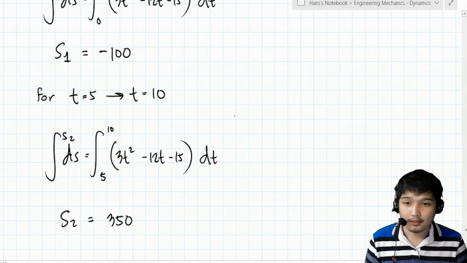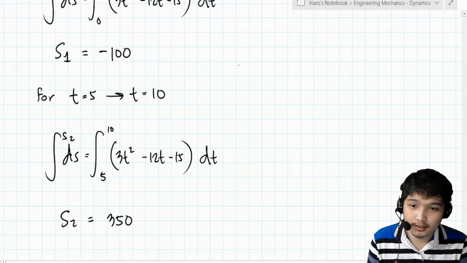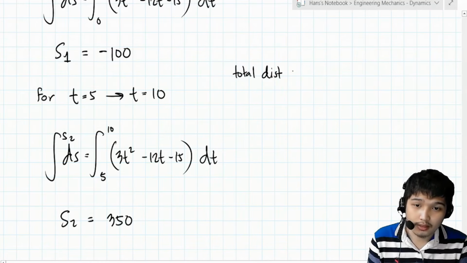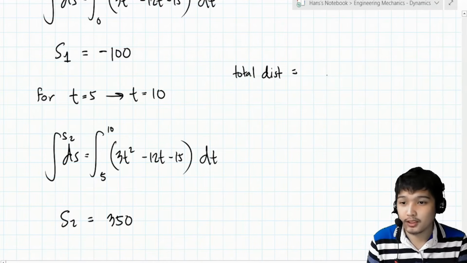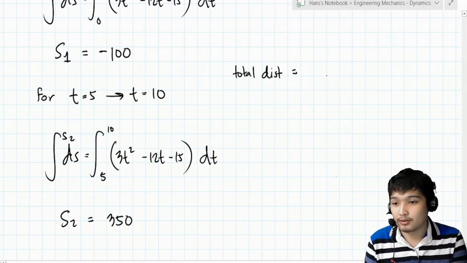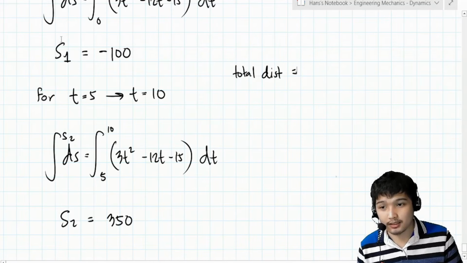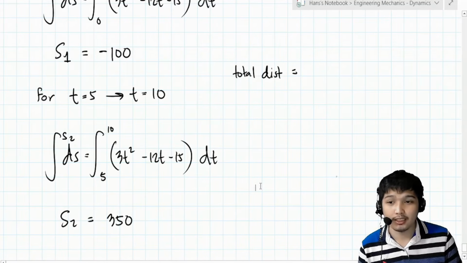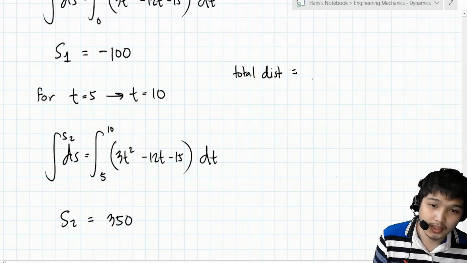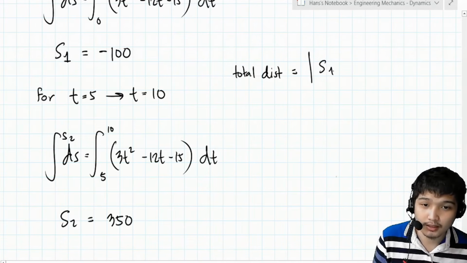Okay? So para makuha yung total distance, okay, so that is just simply the sum, no? Nung yung pinaghiwalay nating distances na to, no? Pa-plus lang natin siya. But of course, no, neglecting the negative sign or by just taking the absolute value. Okay?